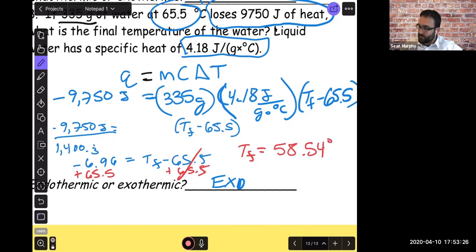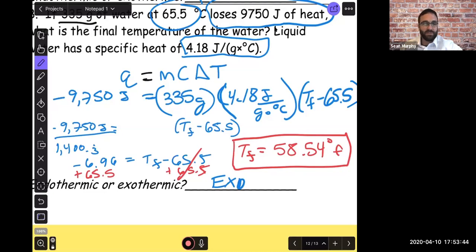degrees Fahrenheit. All right. Does that make sense? It lost heat. So for example, you have water, it lost heat.